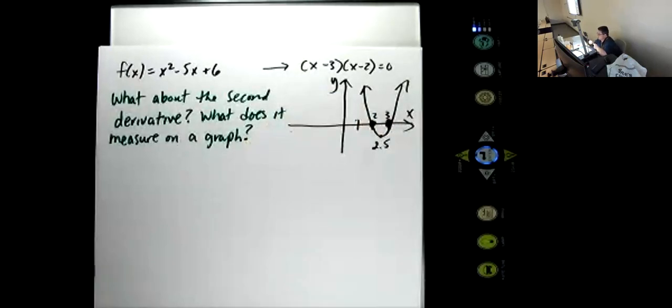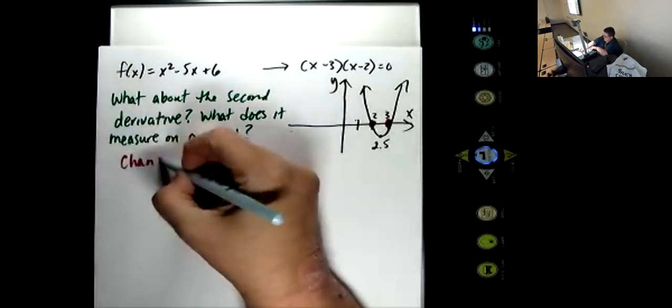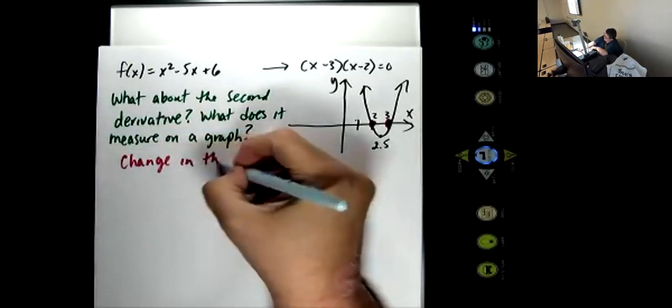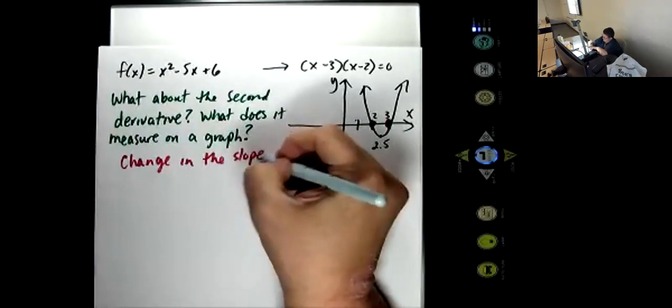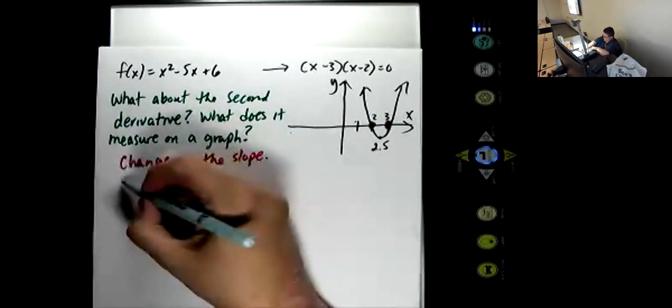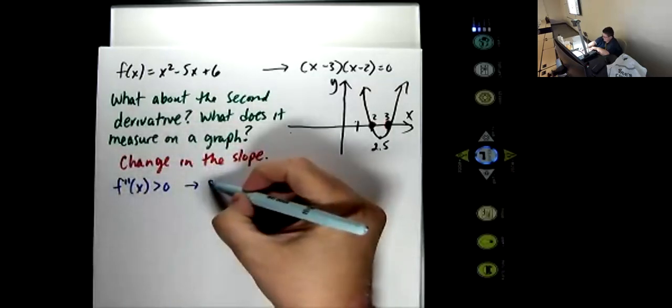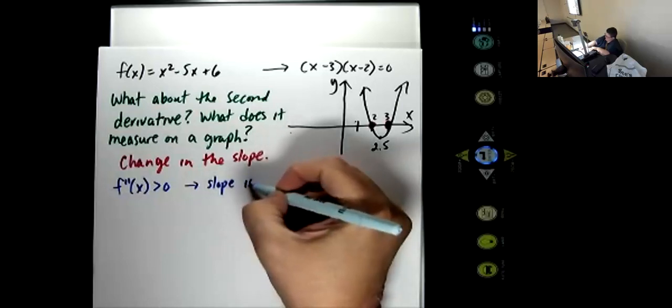It's the change in the slope, right? So if the second derivative is greater than 0, that means the slope is increasing.